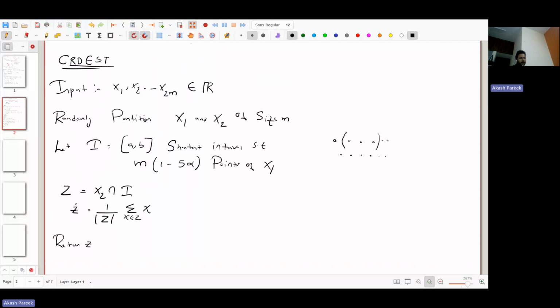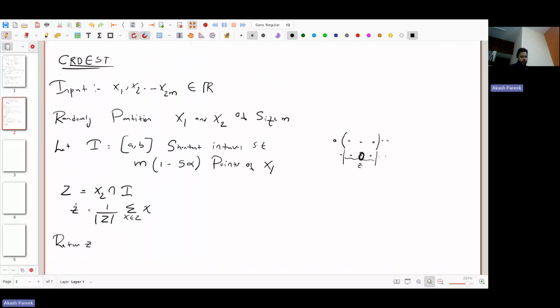That means I'm taking an interval which is short, but at the same time contains a lot of points, and since it contains a lot of points, it is guaranteed that some of these are actually true points. Whatever this interval is, I project the same interval onto X2, and these are the points in my set S. I take the average of that set and return it as my center point for this dimension.